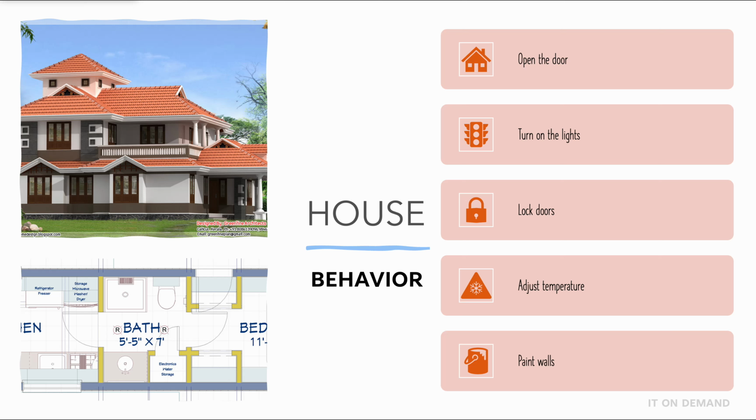So these are all behaviors of these objects that I've just mentioned. It's good practice for you to take a look at any object and look at what behaviors you might associate with those objects. And those would be the behaviors of that object.